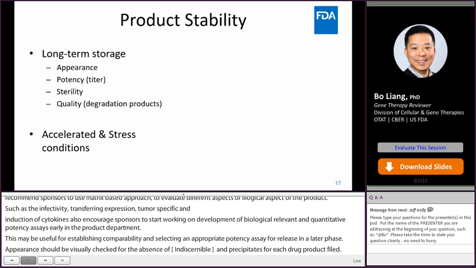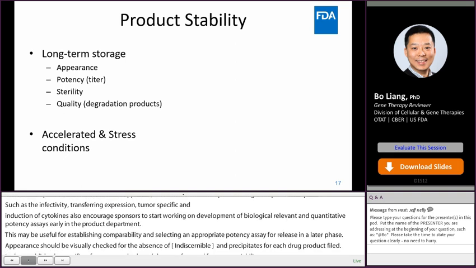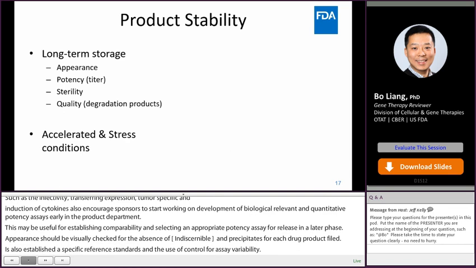In your IND, please establish a plan to assess the product stability and the long-term storage condition by checking the appearance, potency, sterility, and quality. And also please assess the stability at accelerated storage and forced degradation conditions.